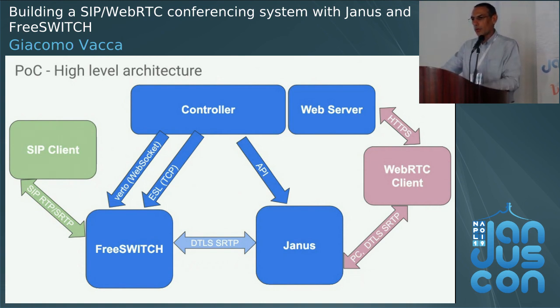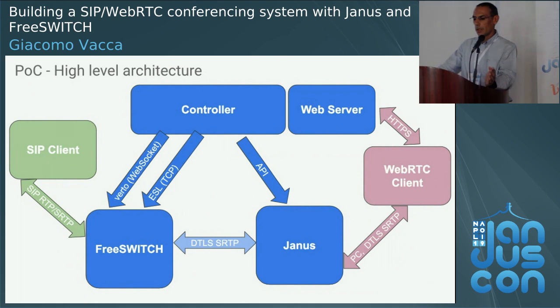It connects to FreeSWITCH in two different ways. One, via WebSocket as a verto client, and then it connects to the ESL, which is the event socket layer in FreeSWITCH, a sort of API and event interface, simply via TCP. And then it connects to the REST API of Janus via a simple HTTP connection.